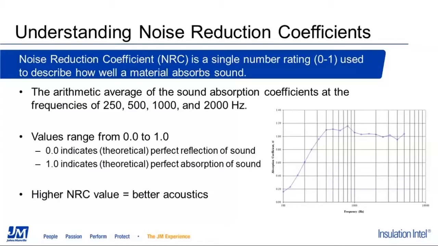So a typical graph for an NRC is shown on the right side here. And you can see we're averaging over those different frequencies, and you end up with a single value of somewhere between 0 and 1. With noise reduction coefficient, or NRC, the higher the number, the better the acoustic absorption will be for you.